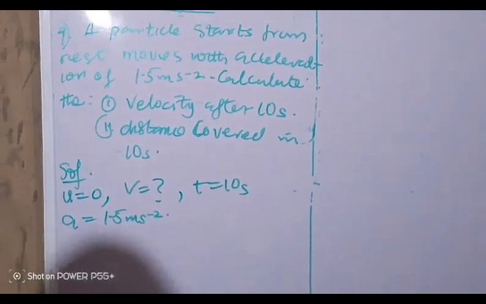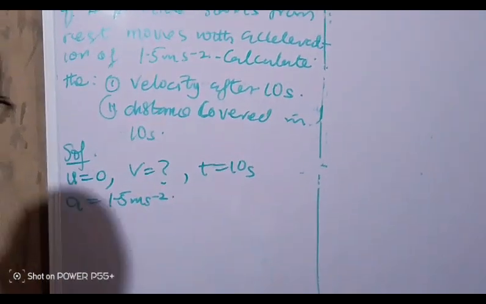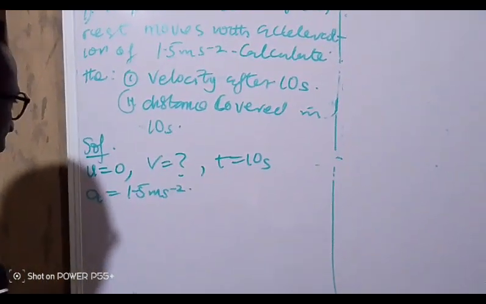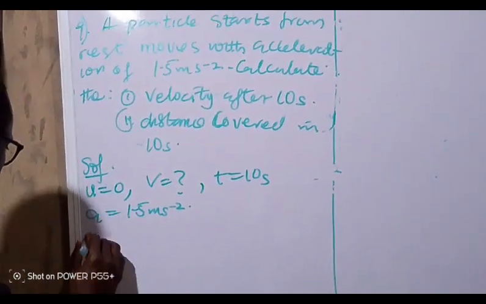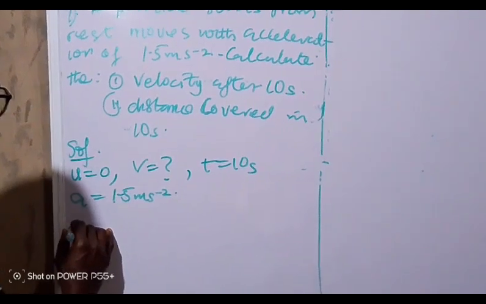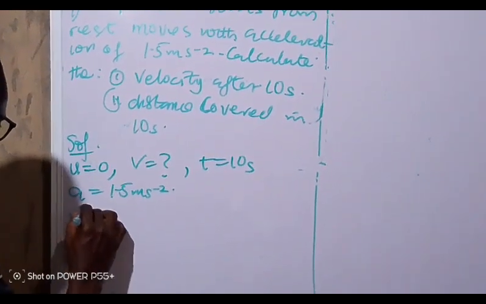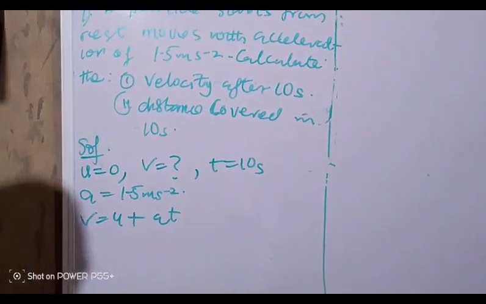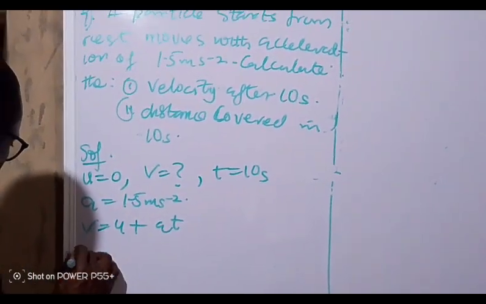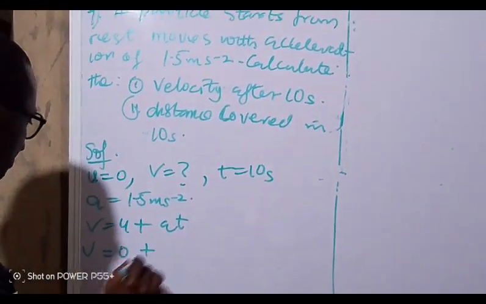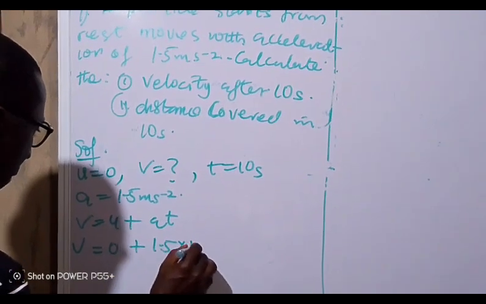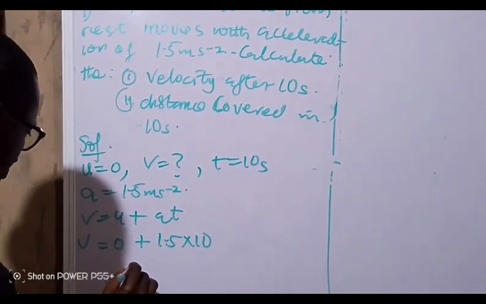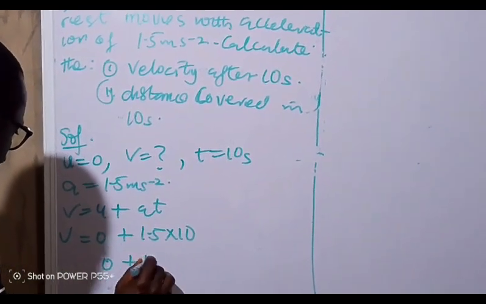Now, without wasting our time, the correct equation to calculate V after 10 seconds will be V is equal to U plus AT. U is 0, so we are going to have V is equal to 0 plus 1.5 multiplied by 10. And this one is 0 plus 15.